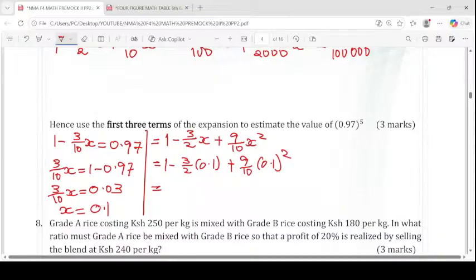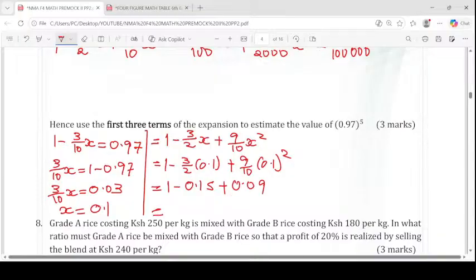This becomes 1 minus, when you take 3 over 2 times 0.1, you get 0.15, then plus 9 over 10 into 0.1 squared. You are going to get this as 0.09.